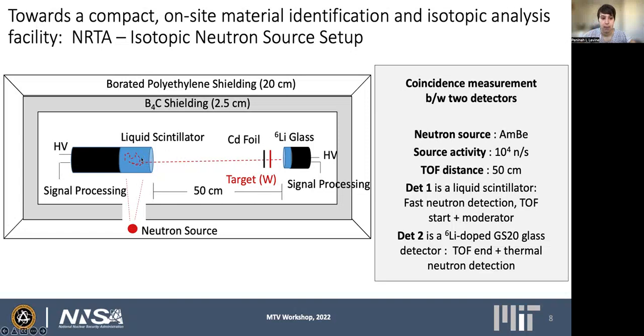The neutrons then get moderated in the liquid scintillator and travel across the time of flight distance, pass through a cadmium foil, which removes thermal neutrons, and our target, which is the object we're trying to measure and detect. And finally interact in detector 2, which is a lithium-6 GS20 glass detector, which is where our time of flight ends by detecting thermal neutrons.